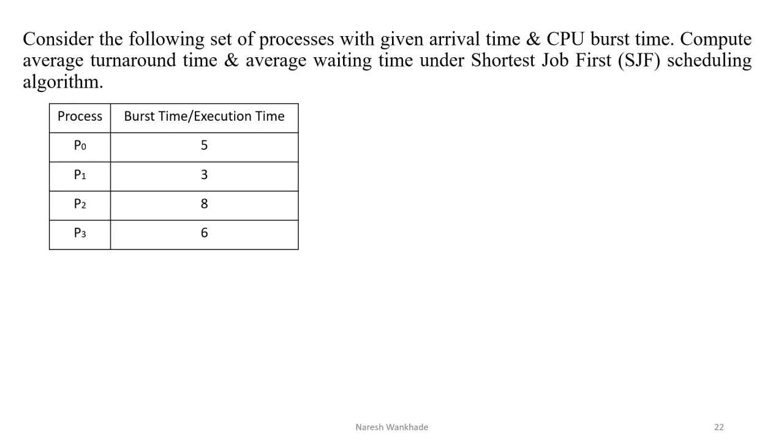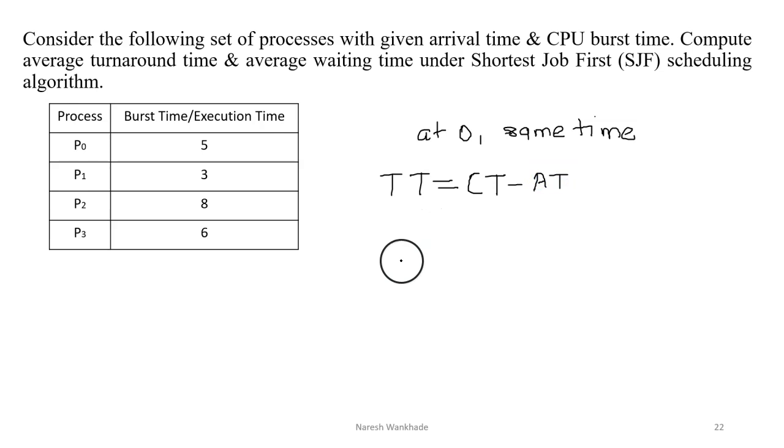Here there is no mention of arrival time, which means you have to consider that all processes arrive at 0, or at the same time. To compute turnaround time, we have to compute completion time, because turnaround time is completion time minus arrival time.